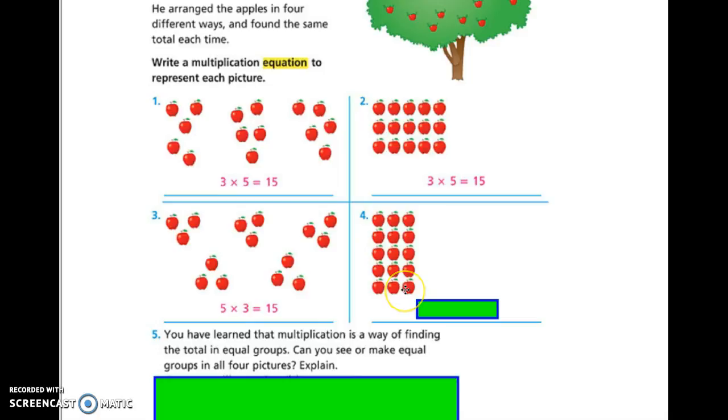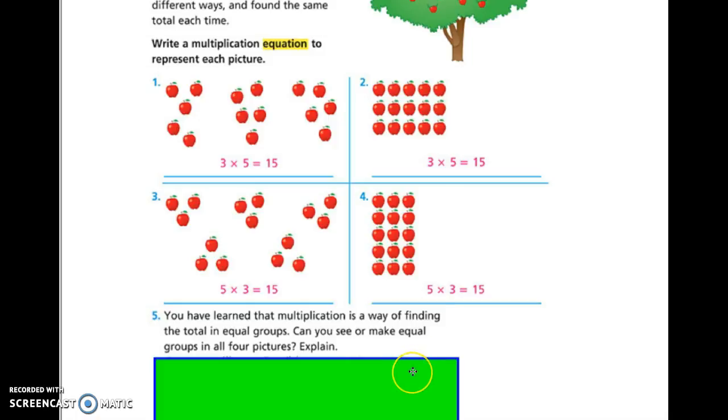And you'll notice that his nice, orderly way of writing it just kind of flipped. So he has 5 rows, right, and 3 columns. We're going to keep talking about those rows and columns here in a few minutes, okay? So again, he has 5 times 3 equals 15.